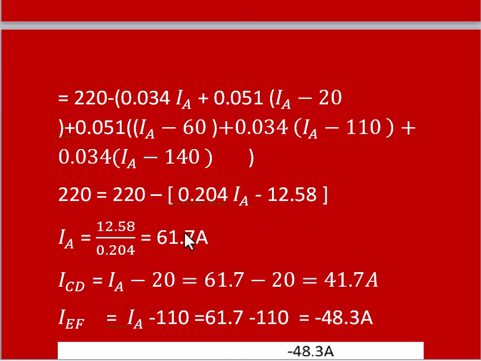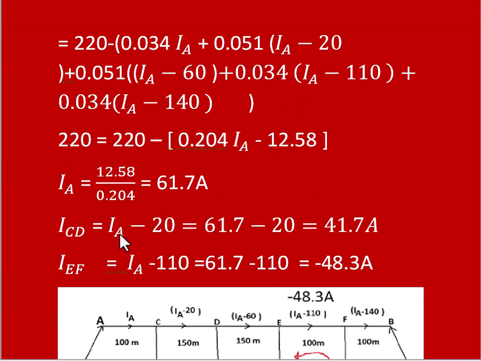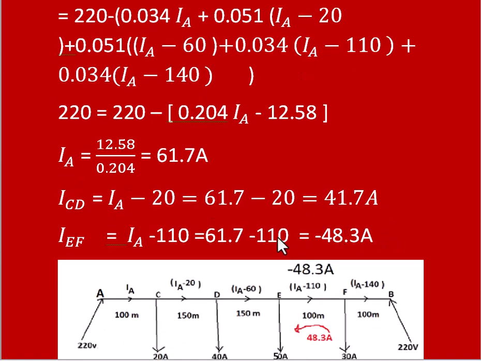Once this is known, then the section wise currents can be calculated, ICD, IEF, etc. ICD is nothing but IA minus 20. So that gives us 41.7 ampere. Similarly, IEF also, we find out IA minus 110, that is nothing but minus 48.3 amperes.